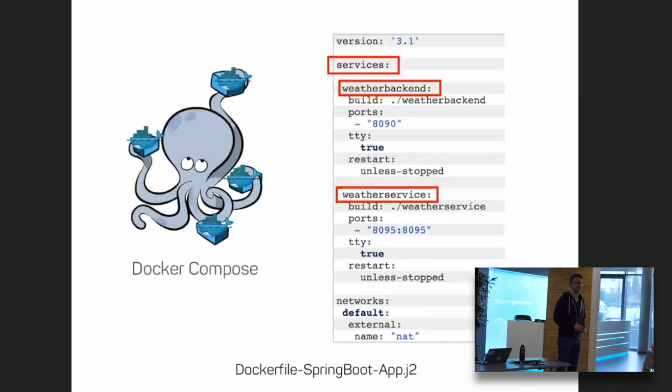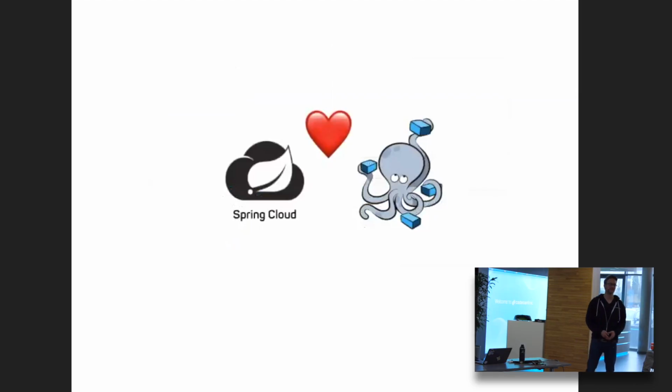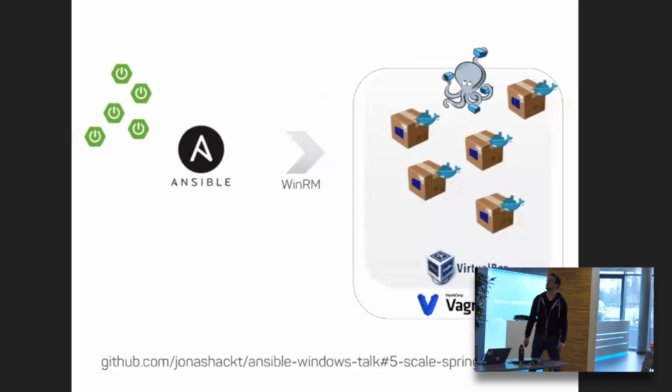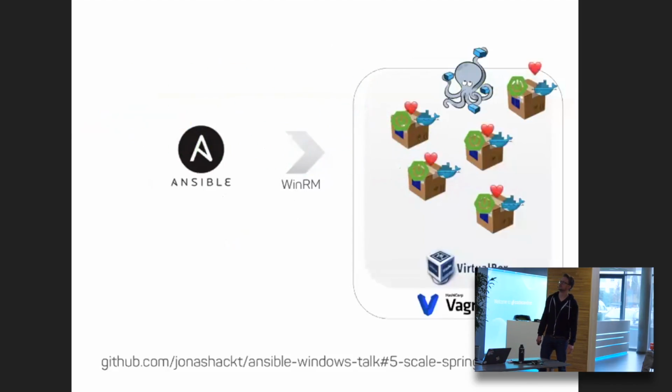So it's pretty easy. And yeah, I needed the slide for my wife, you know. Docker Compose loves Spring Cloud. And let's bring all the example apps onto our Vagrant Box, right?